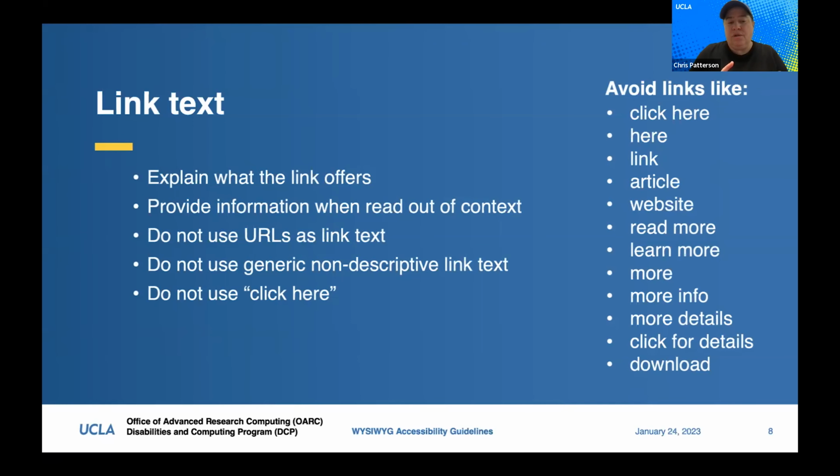Do not use generic or non-descriptive link text, such as everything in the list on the right. You can use those words if it's part of a longer link, at least some of them, but don't use them alone. So not read more by itself. And click here in particular is one that annoys everyone, so don't use that.